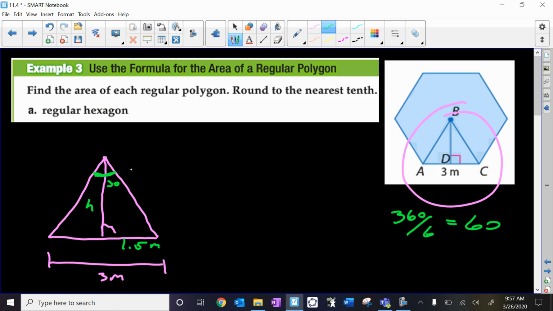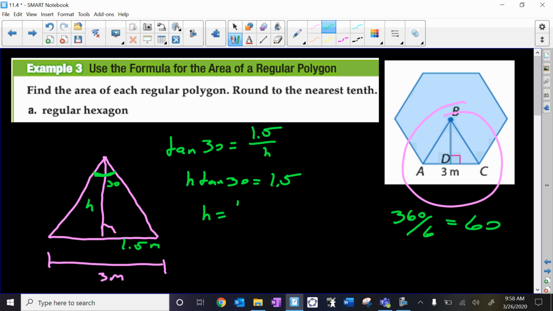So now I'm going to use my angle measure of 30, the opposite side of 1.5, and my height h, which I know is tangent of 30 being equal to 1.5 over h. We multiply both sides by h, so h tangent of 30 equals 1.5, and then we divide it over.